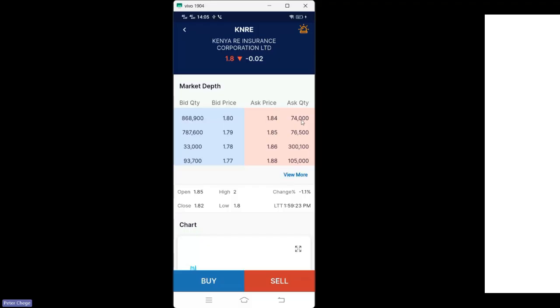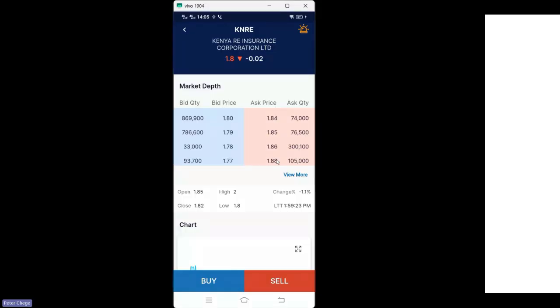If you put 1 million shares to buy at market, it will clear everything you can see on ask. Because what did you say? Go and buy anything in the market. So it will buy 74,000 at 184, 76,000 at 185, 300,000 at 186, and so on. If it can't fill, that order is expired. So market orders, if they are not filled, they expire.